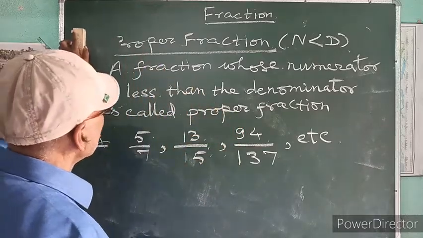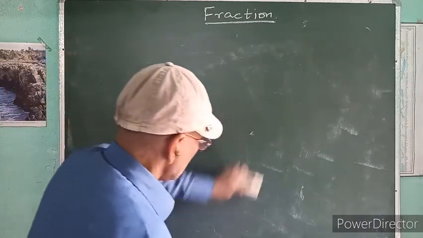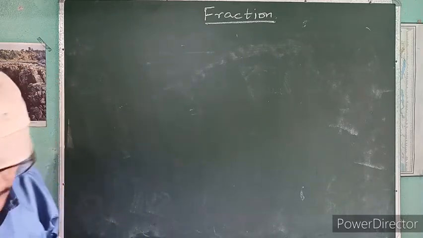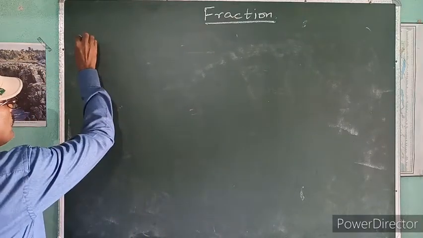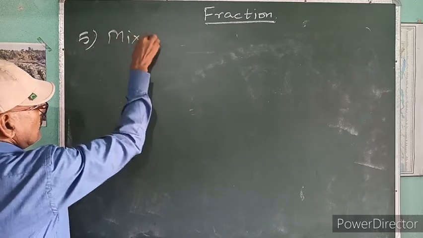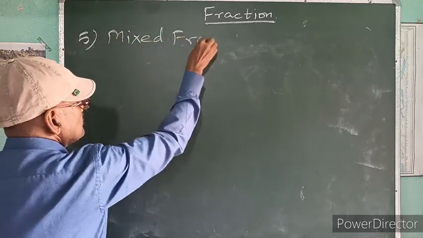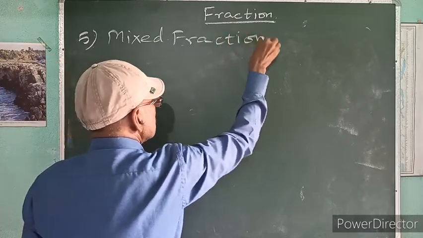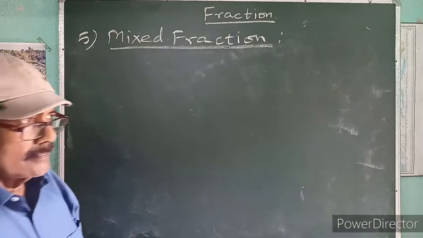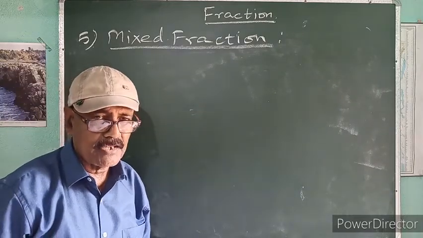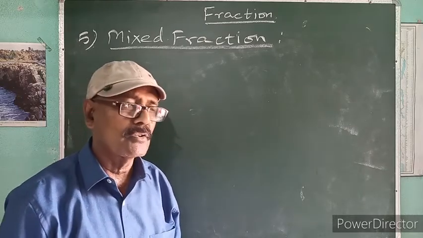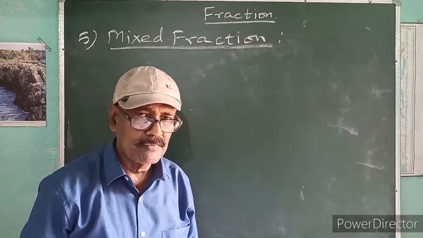Number 5 is mixed fraction. This is a fraction which is the sum of a whole number and a proper fraction.